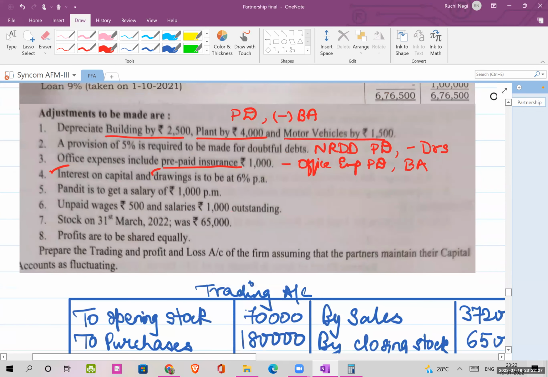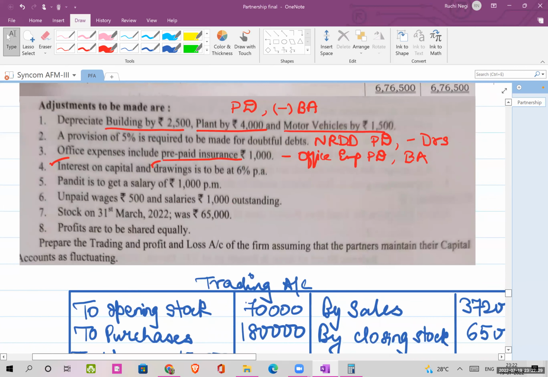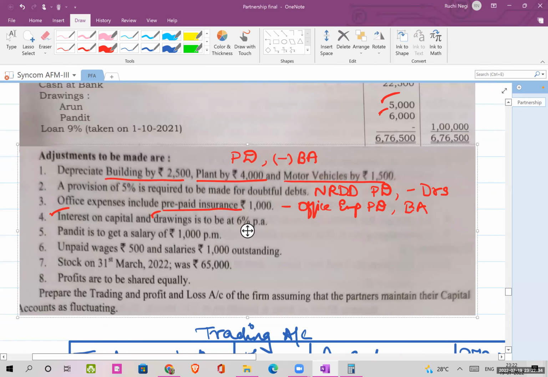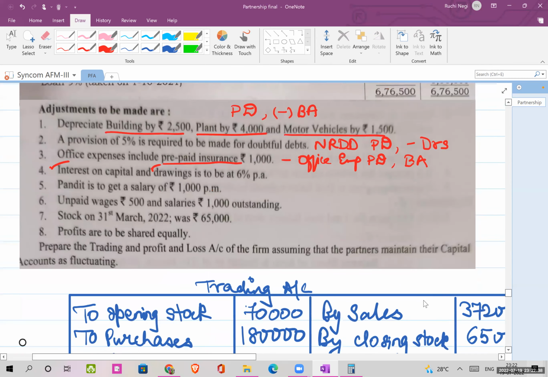Next, Pandit is the partner, so he is getting a salary of 1,000 per month. So this will be reflected in P&L appropriation.